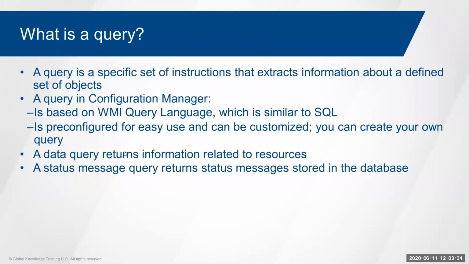Now, again, a query is our ability to extract information, right? And we query anything from the operating system information, the hardware on the machine, what type of user objects are present. I mean, we have so much in the way of query attributes that we can use that you can spend days just customizing your queries to return the information that you want from your environment.